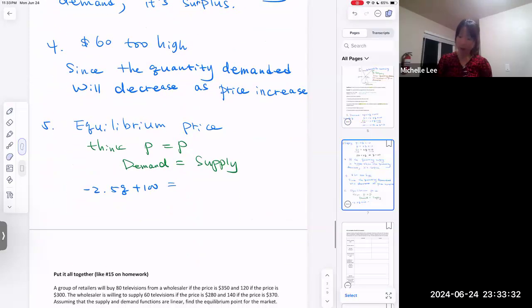Okay, let me delete this one. And then that. Okay, let's solve for Q, right? This quantity.